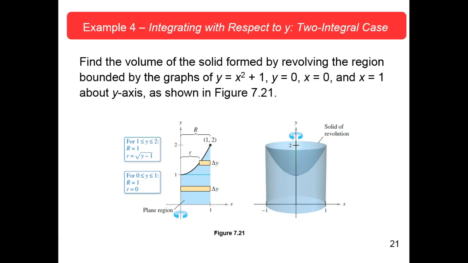So that's the first thing we do, is solve this for x, not for y. They gave it to us in terms of y, you need it in terms of x. So what we're going to do is subtract 1 from both sides, and that gives us y minus 1 is equal to x squared.